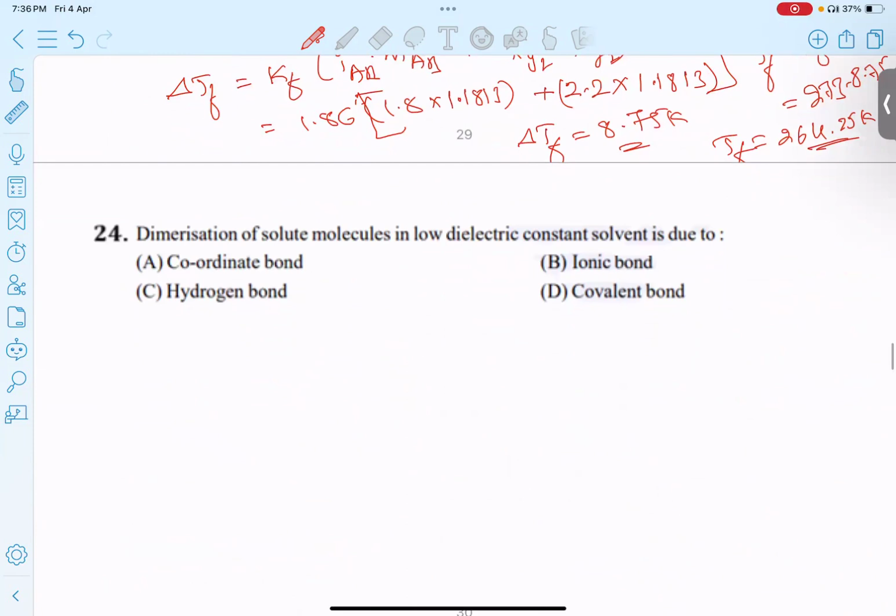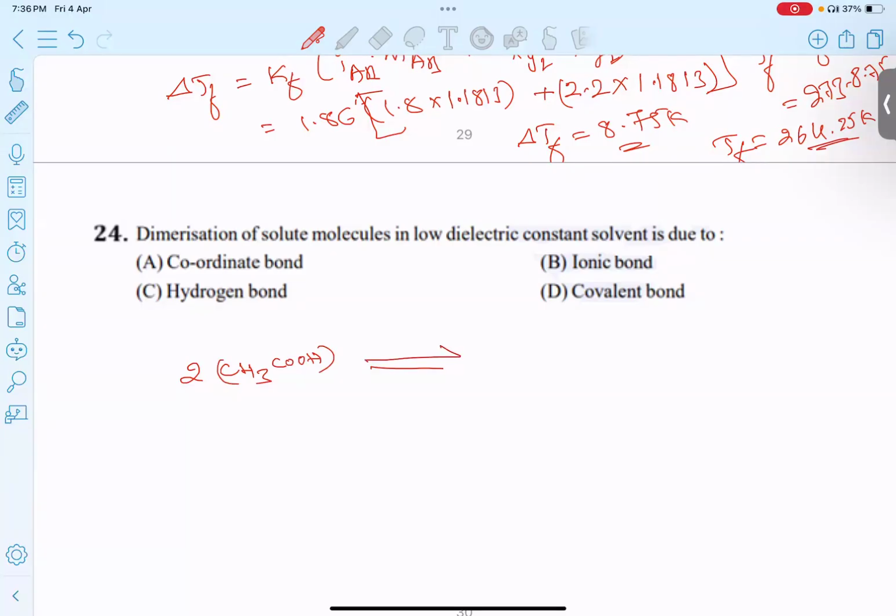Question number 24. Dimerization of solute molecules in low dielectric constant solvent is due to. Here, for example, dimerization of acetic acid. You add two molecules of acetic acid in low dielectric constant solvent.